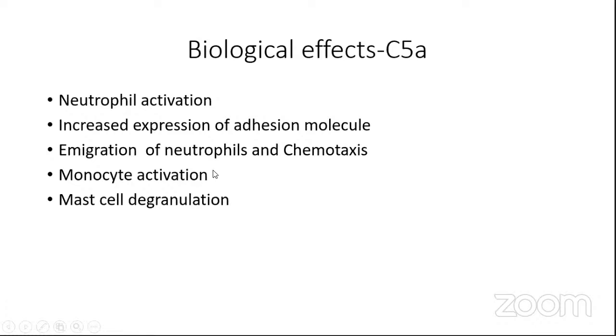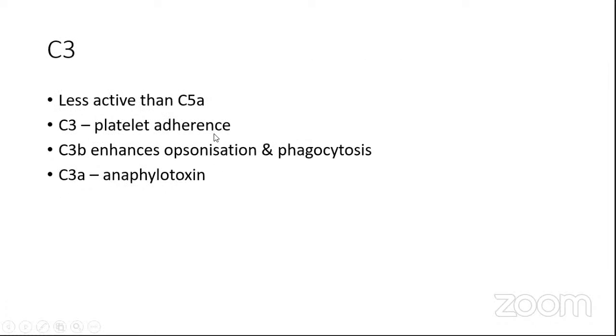Mast cells are mainly involved in IgE or the type 1 hypersensitivity. And C3a and C3b are less active than C5a. They enhance platelet adherence, they enhance opsonization and phagocytosis, as well as act as an anaphylatoxin. These are the biological effects of the components released on activation of the complement.